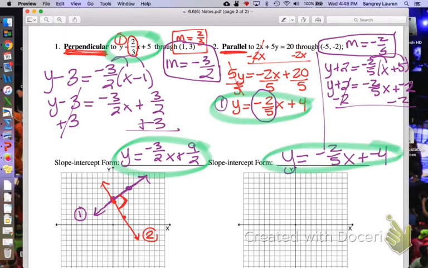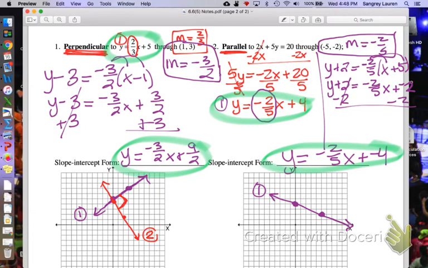Let's graph line number 1. We're going up 4. 1, 2, 3, 4. Make a point. Slope is negative 2 over 5. So we need to go down 2 to the right. 1, 2, 3, 4, 5. There's line number 1. Now we're going to graph line number 2.